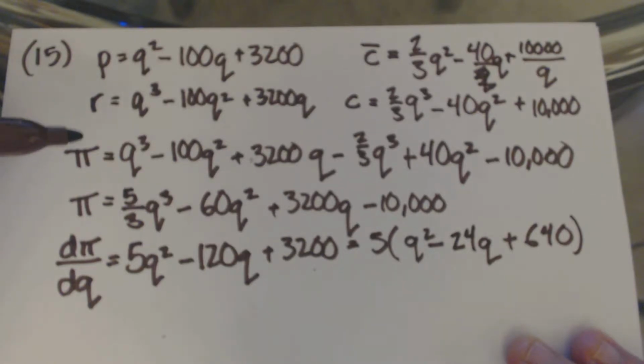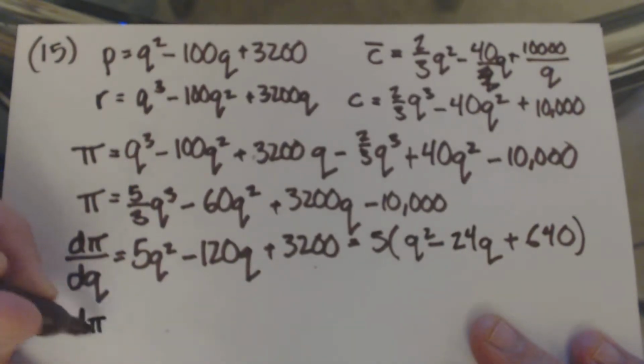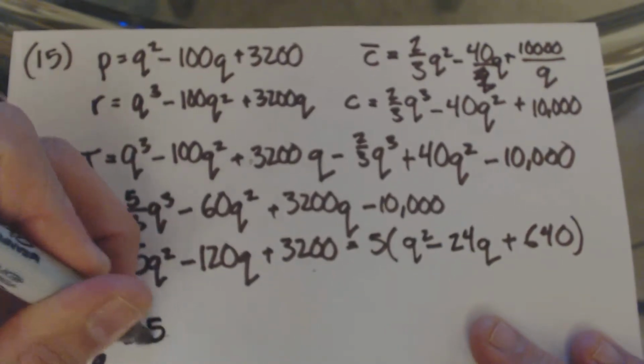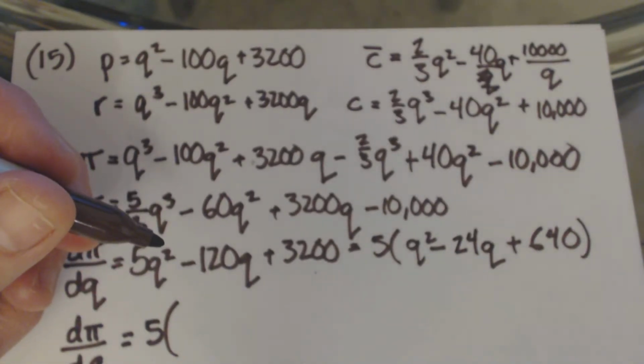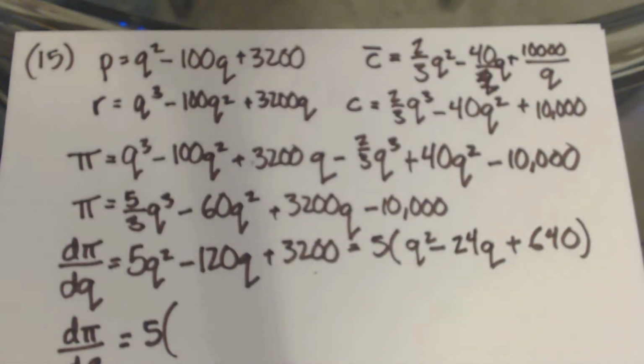Alright, so now we need to factor this equation to get the critical values. Okay, I've almost got it.